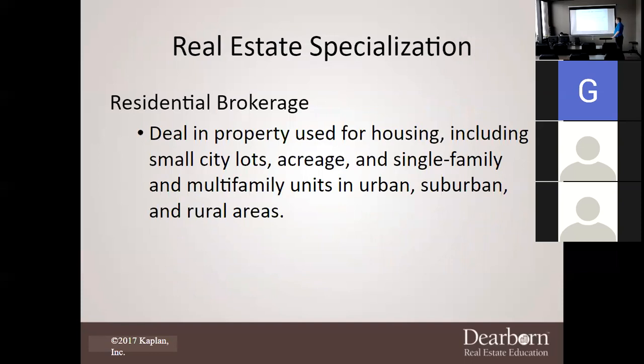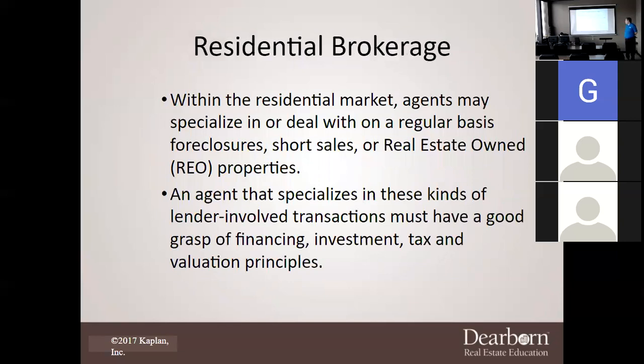Now, when we talk about specialization, the key one that 90% of you will be in is residential. Residential. And what does that mean? Well, it means to deal in property that's used for housing, including small city lots, acreage in single family and multifamily units, in urban, suburban, and rural areas. Okay.